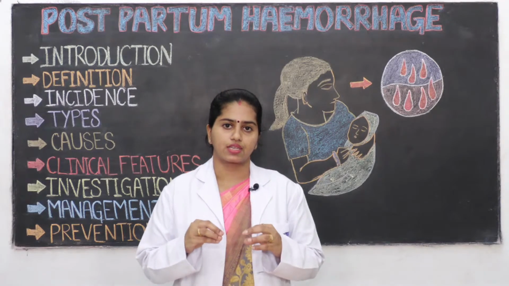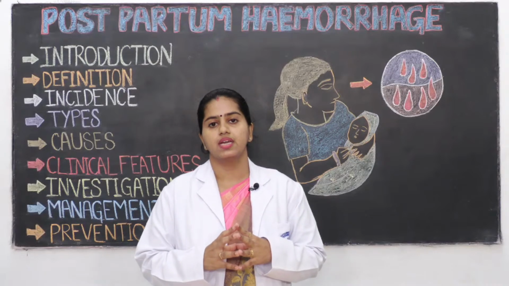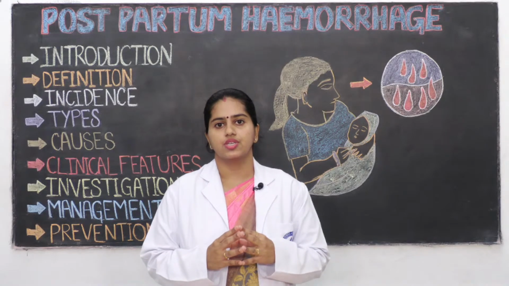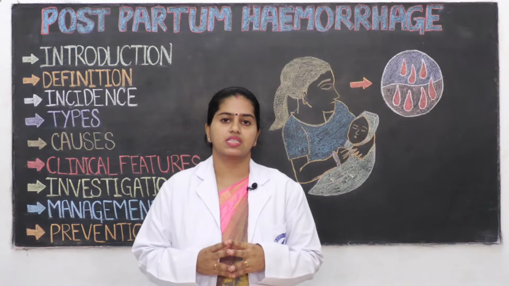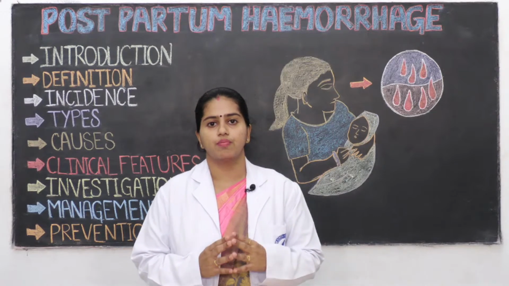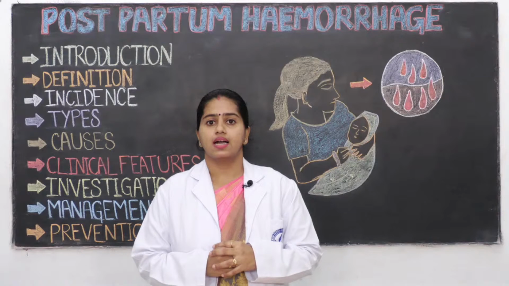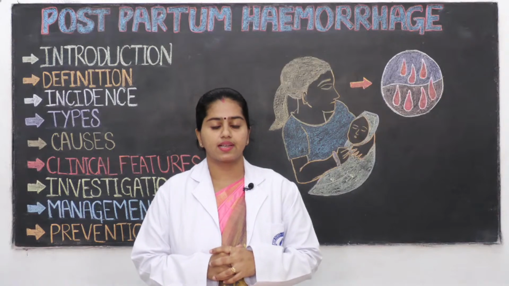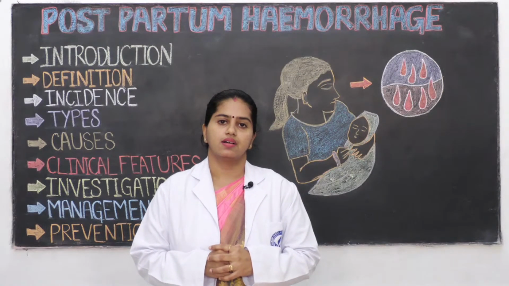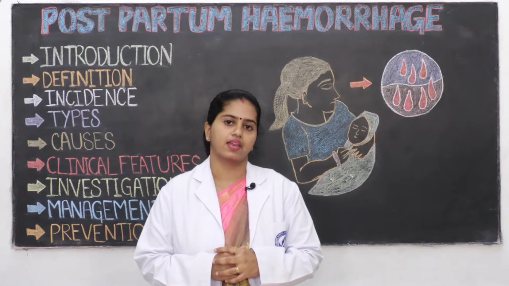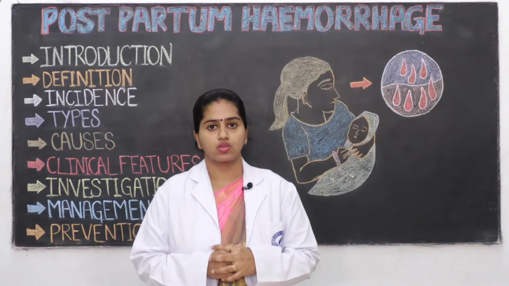If they follow the active management of the third stage of labor, 40 to 60% of postpartum hemorrhage can be reduced. And as nurses, we should not be negligent while conducting the placenta delivery. Mismanagement of the third stage of labor leads to maternal death as a result of postpartum hemorrhage. So with skilled supervision, intelligent observations, prompt treatment and emergency obstetrical care, we can save so many lives of women during the postpartum period.